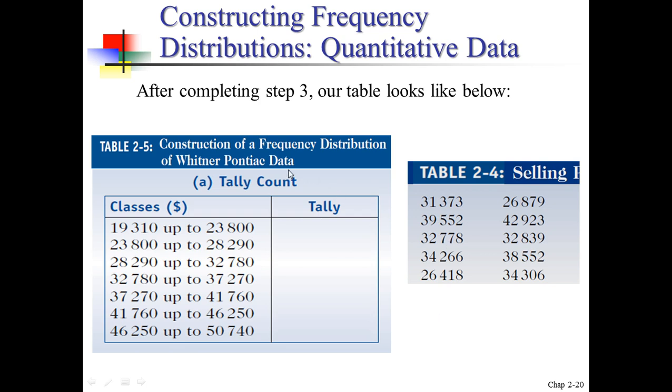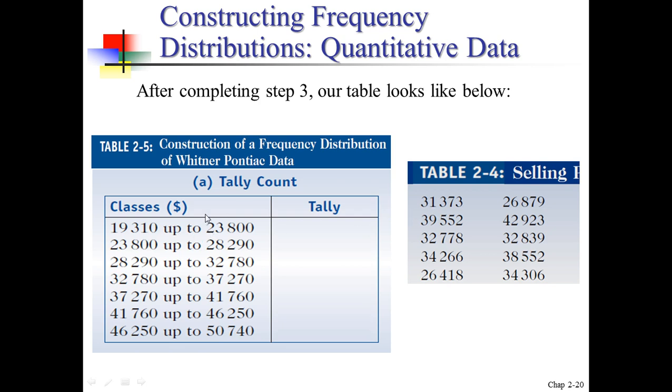Now step 4, tally. Mark. How to tally? Okay, look at the first car. The first car sold last month with the price 30,373, about 31,000, not 30,000. This number should go to which class? 19,000 to 26,000?